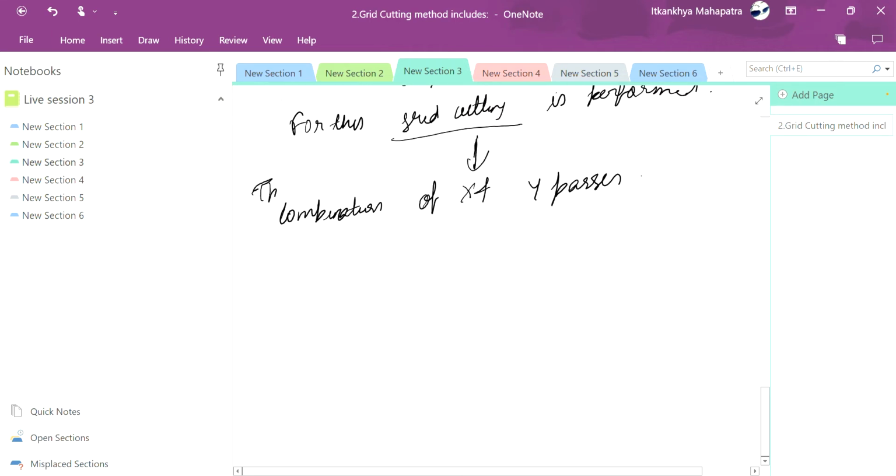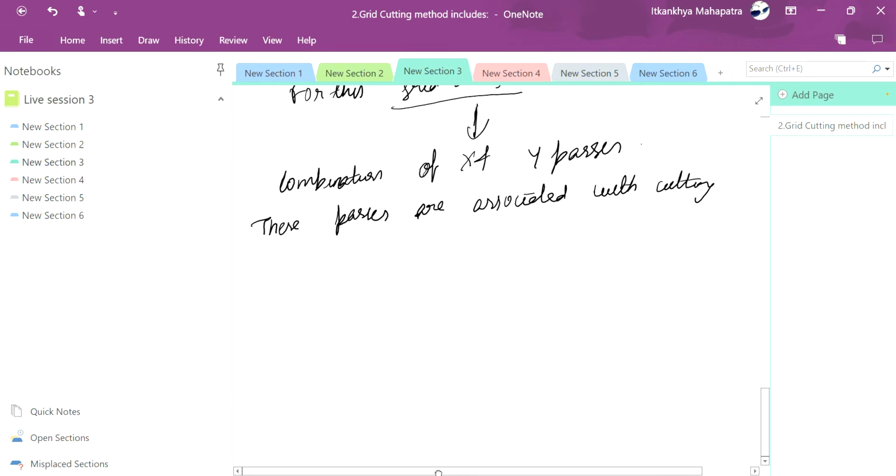These passes are associated with cutting operations such as laser and knife.